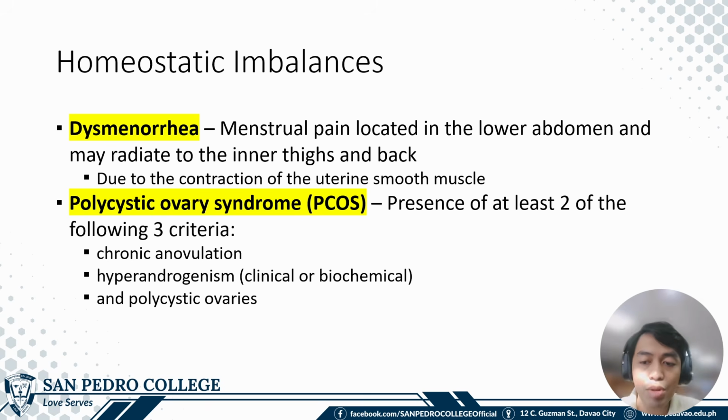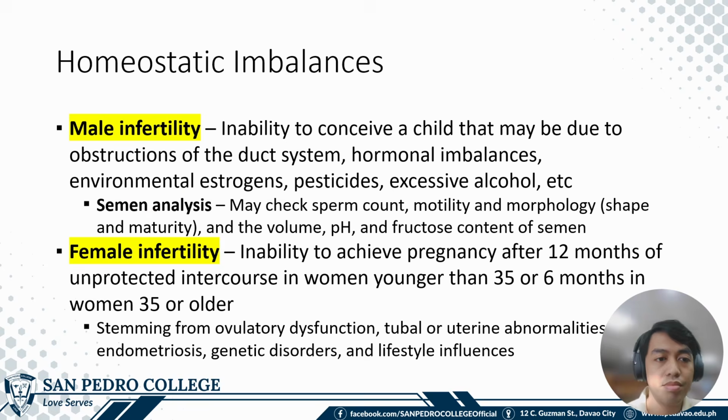An example of which is the development of facial hair or the increase in muscle mass. The last criterion is polycystic ovaries, wherein under the ultrasound of the ovaries, there can be noted multiple cysts or fluid-filled cysts.